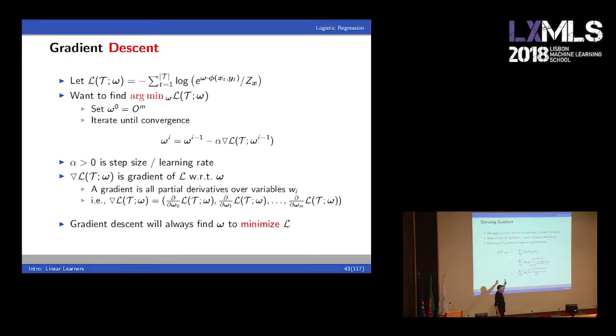Okay, let's derive the gradient for this logistic regression objective. It's not that hard, and it's quite instructive because even with neural networks, you are using functions that are very similar to the loss function for logistic regression. For example, the softmax looks very much like a logistic regression function.